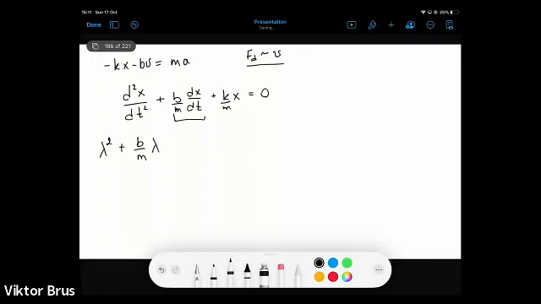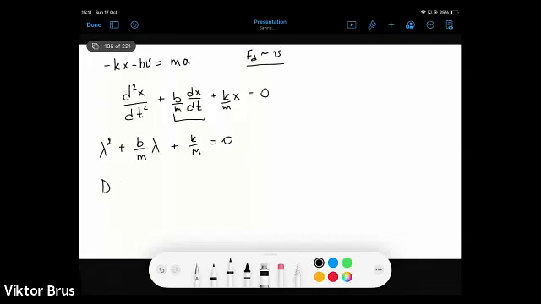And here is just k over m. K over m is equal to 0. So now let us get the discriminant of this quadratic characteristic equation.